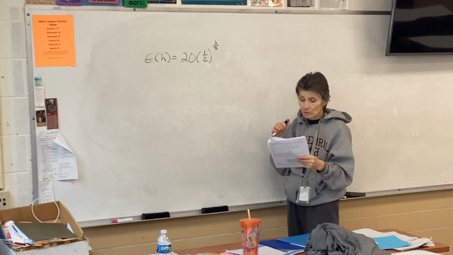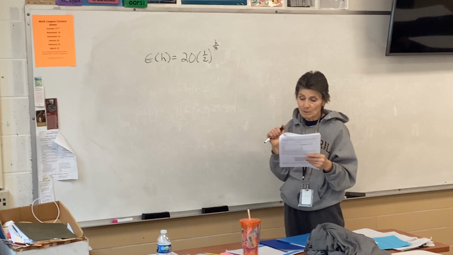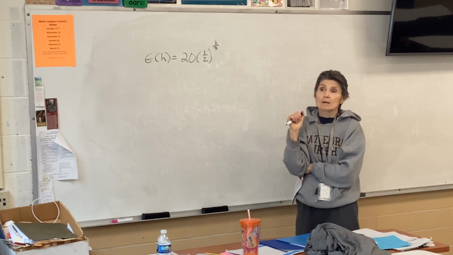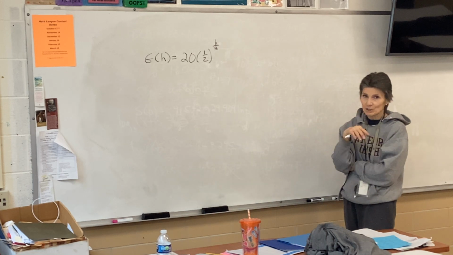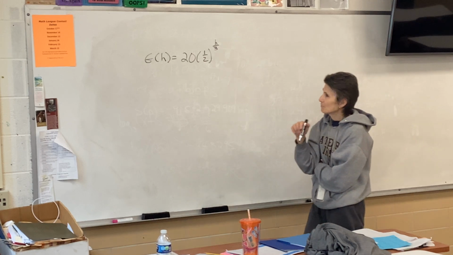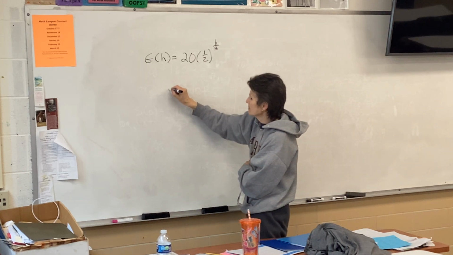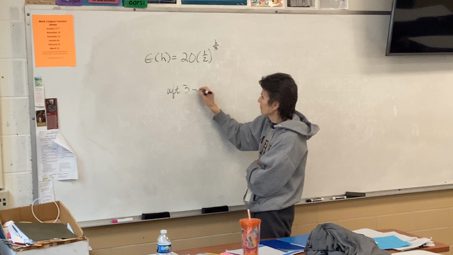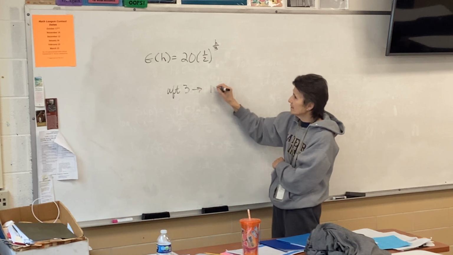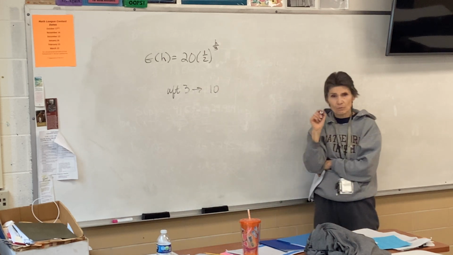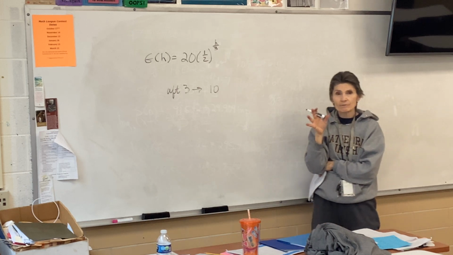After how many hours will there be only 5 milligrams left? Well, we kind of just talked about it. After 3 hours, we'll have 10 milligrams left, cut in half.